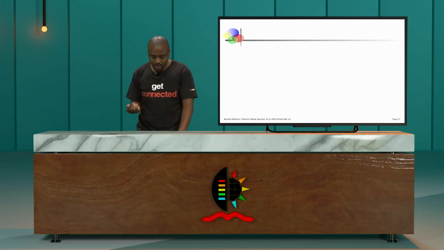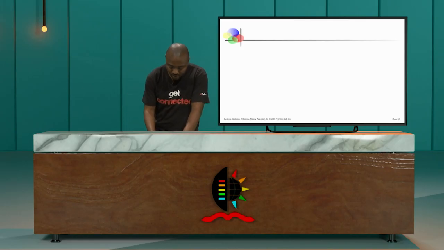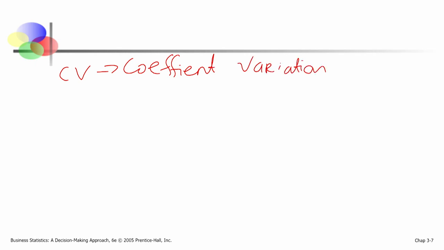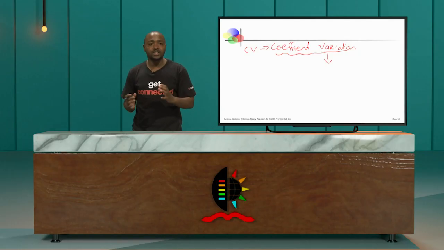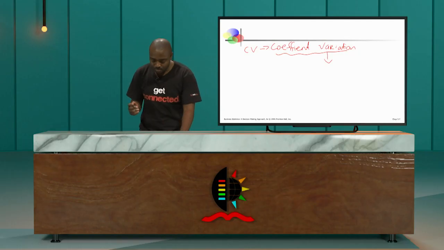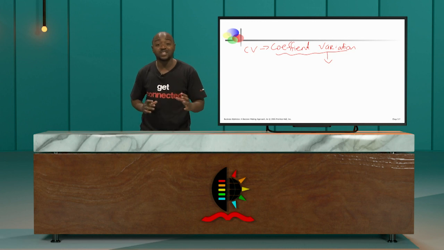Then you also have what is known as CV. What is this? Coefficient of variation, right? Now, as the word says, variation, it tends to check the relation between two things of different units.